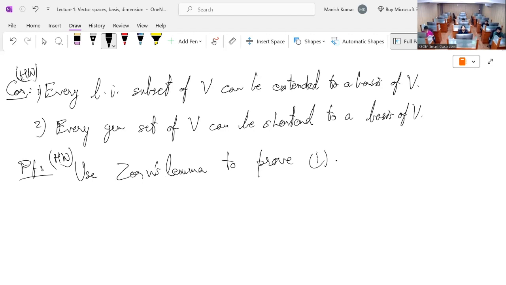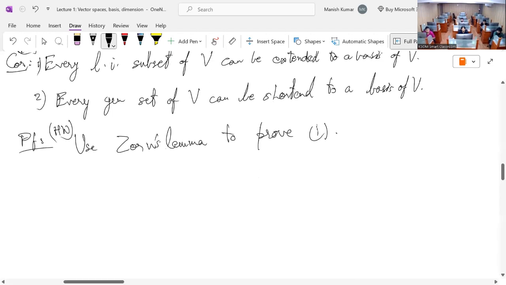When the vector space is not finitely generated, the argument requires a little bit of set theory. But if it is finitely generated, the proof is slightly simpler and straightforward. So let's do the finitely generated case, and then we will worry about the infinite one.